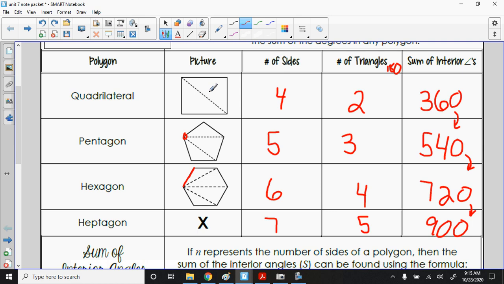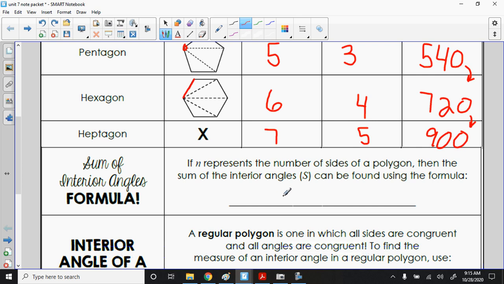And notice on a quadrilateral, we had 2 triangles, and this number is very consistent: 2, 3, 4, 5. For the octagon, the next one would be 6. So our formula says take the number of sides and subtract 2, and n means sides.